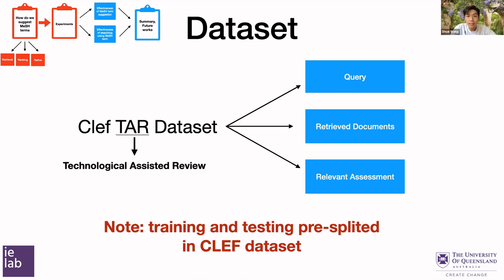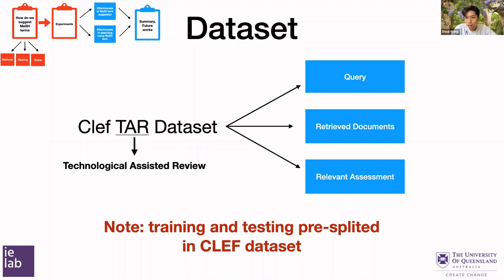And Cliff-Tar dataset in particular is a dataset that consists of multiple individual systematic reviews with all available evidence information. So it includes all the information we need for the experiments, including systematic review query, retrieved documents, and relevance assessments.